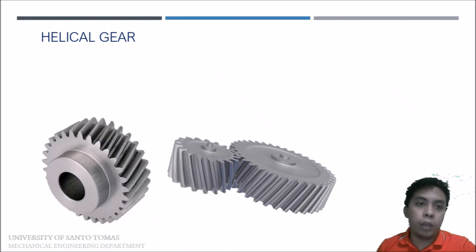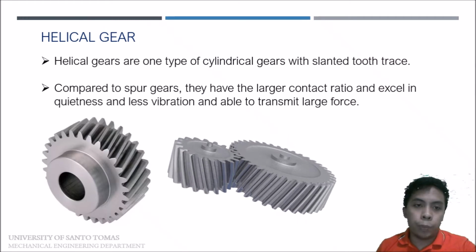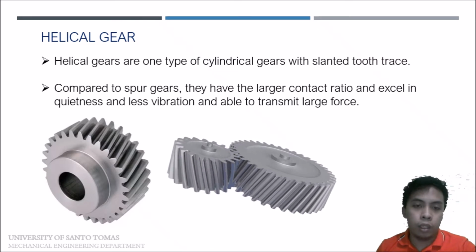Next, let's talk about helical gear. Helical gears are one type of cylindrical gears with slanted tooth trace. Compared to spur gears, they have a larger contact ratio and excel in quietness and less vibration, and are able to transmit large force. The reason it can transmit large force is because of the tooth geometry.